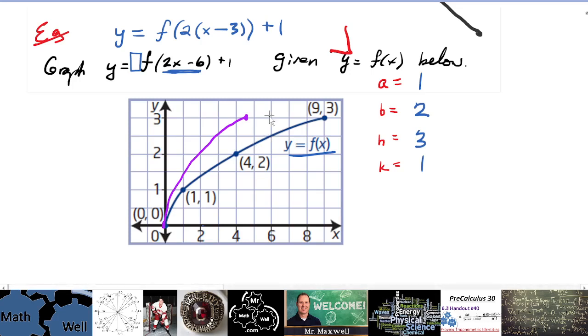So I'm going to just copy this again, and I'm going to now move it. Where do I move it? What's next? H is 3, so which way? Over 3 to the? To the right, that is correct. So there's 1, there's 2, and here is 3. Should be right there. See how accurate that is.